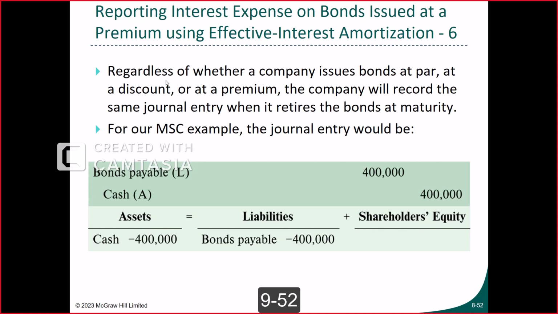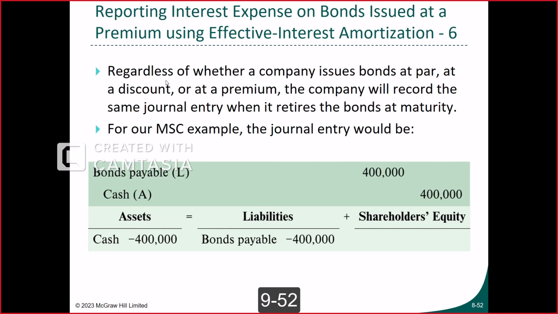Yeah, so at the maturity date, in both cases, the journal entry would be debit bonds payable, credit cash for $400,000. Is this the case when the issuance is done at par? Debit bonds payable, credit cash, the journal entry at the maturity day. Does this journal entry apply to the issuance at par? Yes, it does.